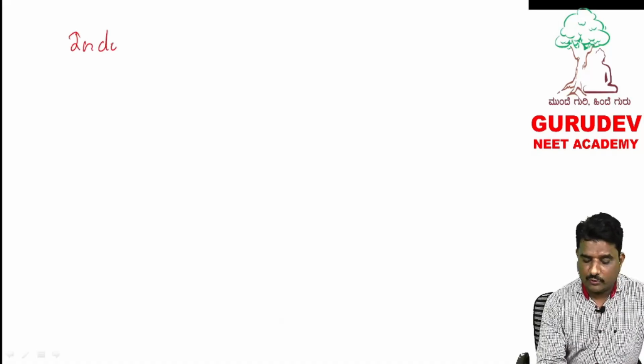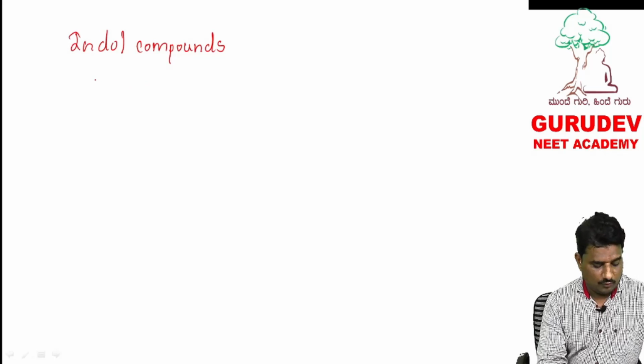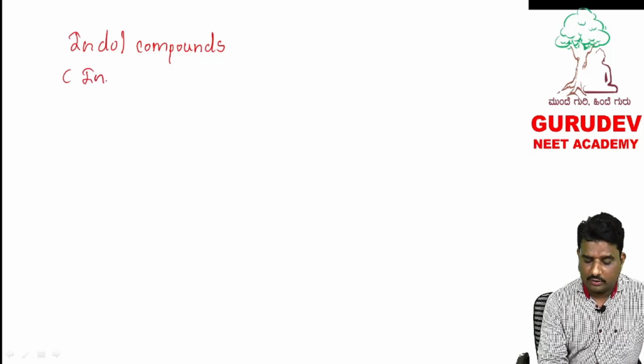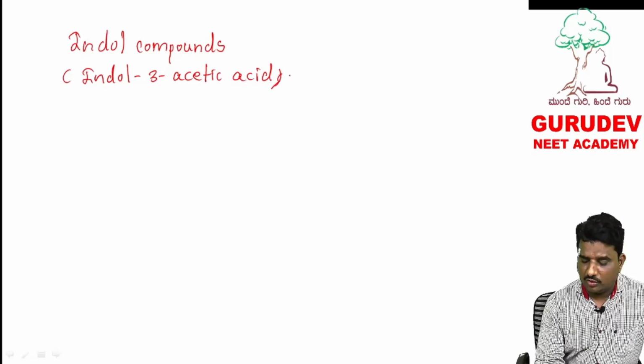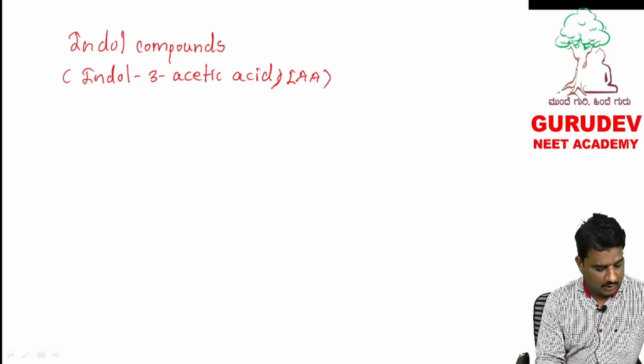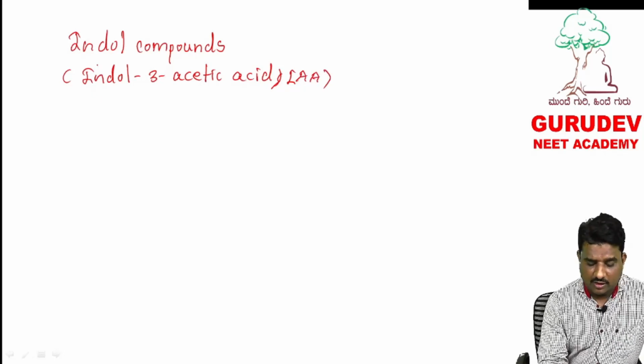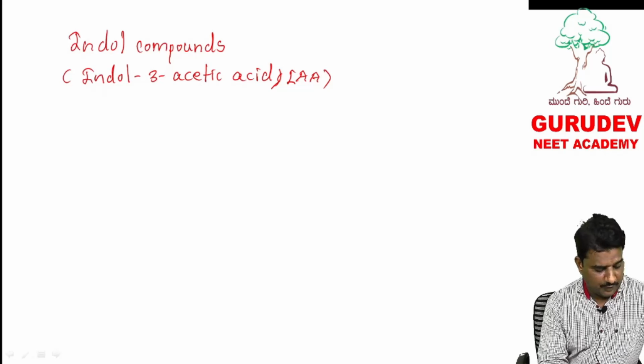Indole compounds. That is indole-3-acetic acid. The hormone name, in short form, you can write here as IAA. This is a chemical compound of the indole hormone. It is an indole compound.